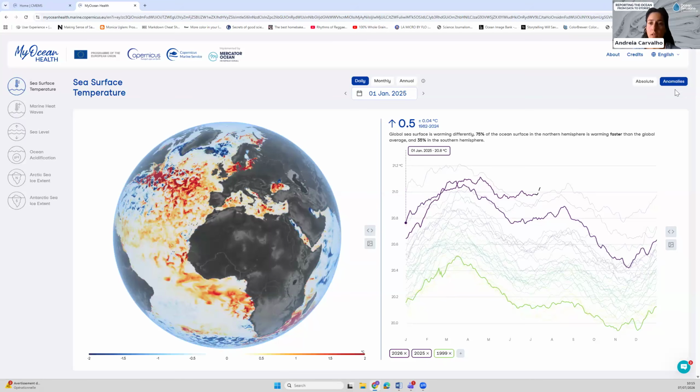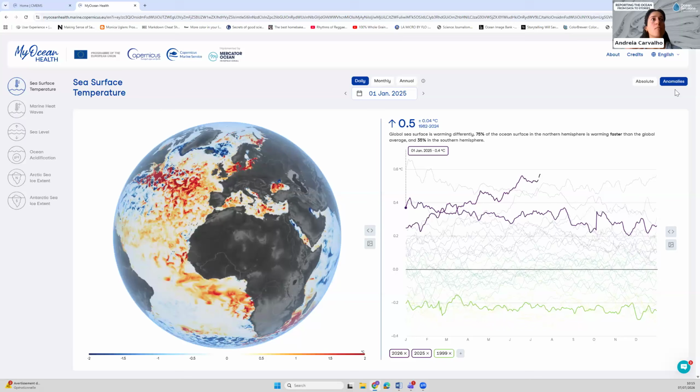Anomalies, we hear more and more about these. These are deviations, or temperature values that are above or below a certain average temperature. Over a long period of time, usually around 30 years, we calculate an average temperature, and this will be our baseline.